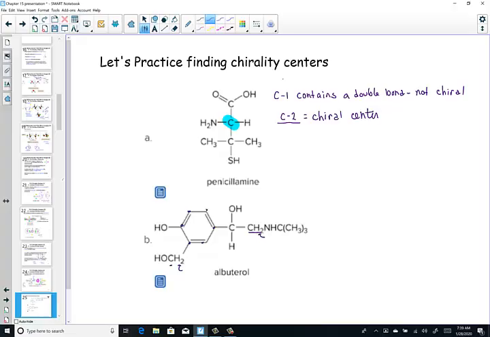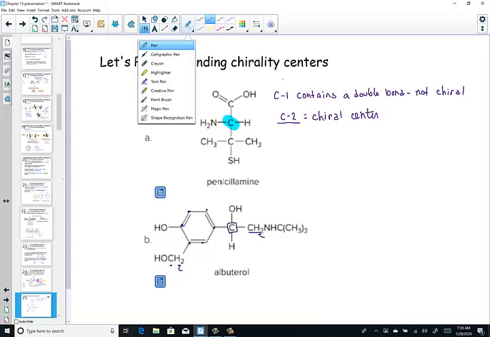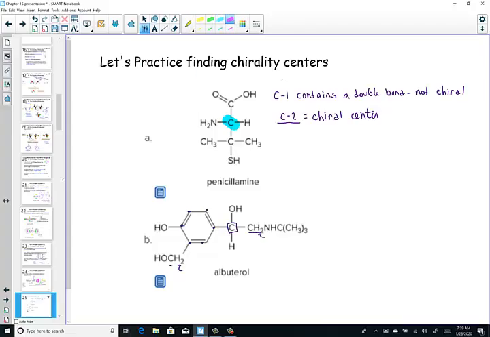Let's examine this carbon. And I'm going to just put a little box around it maybe. Highlight what we see. I have an attachment of an OH, which is different than an H, which is different in this direction, as it is different in this direction. That is a chiral center. So I hope you found this one as well.